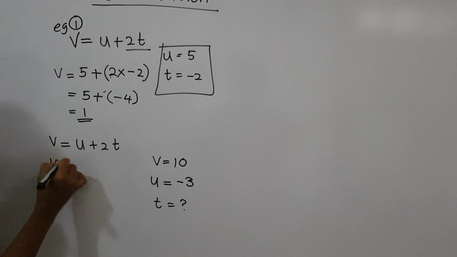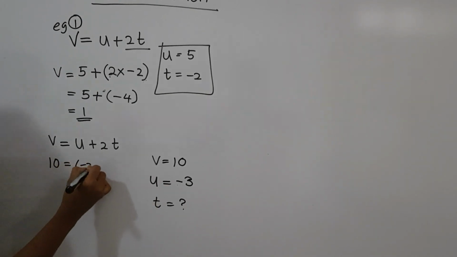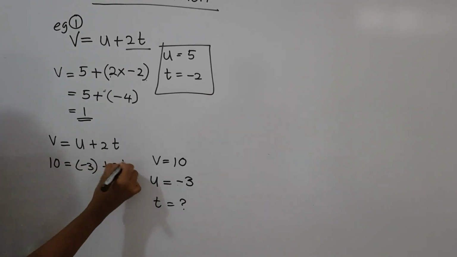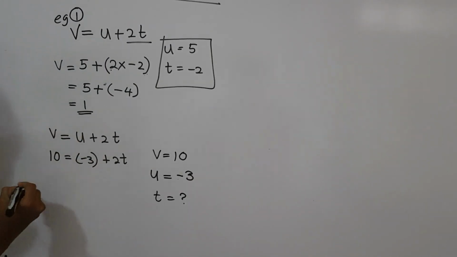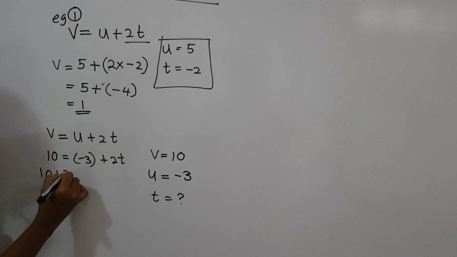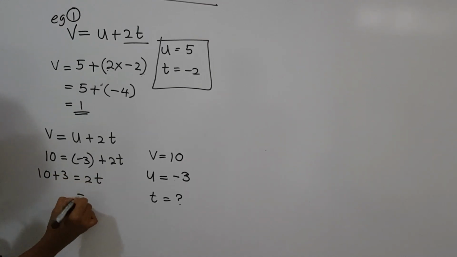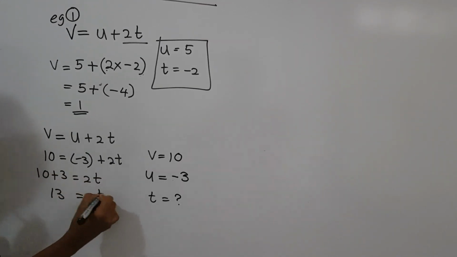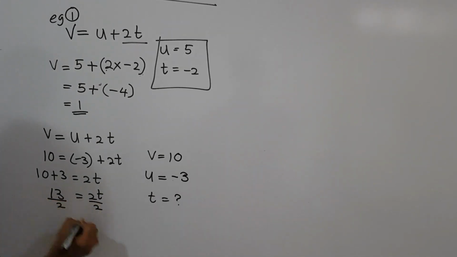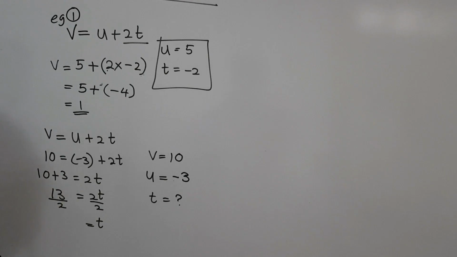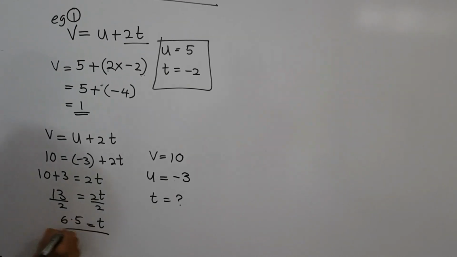So V is 10 equals to U is minus 3 plus 2t. So when you bring the minus 3 to the other side, it becomes plus 3. 10 plus 3 is equals to 2t. 13 is equals to 2t. And then on both sides we divide by 2. So t will be 6.5.